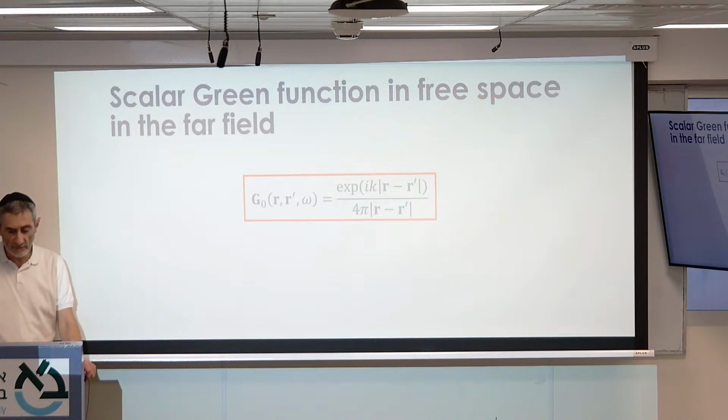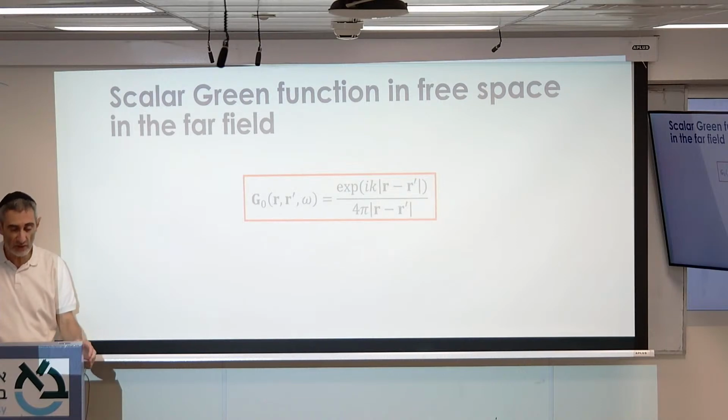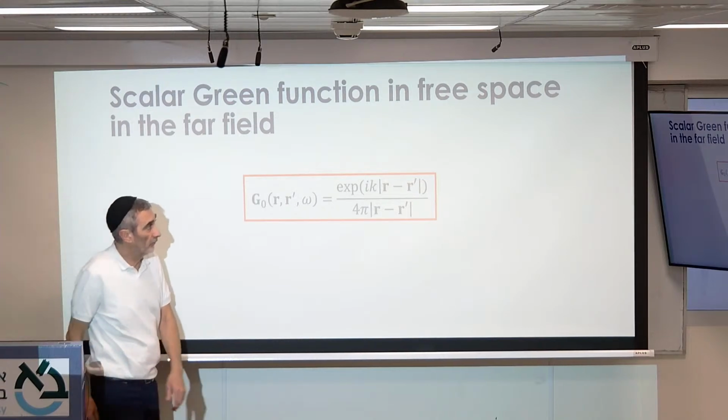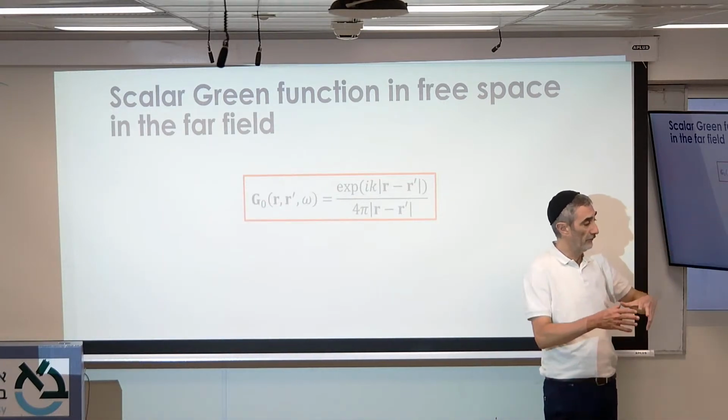So in the far field, in the simplest case, you can take only the first term in the expansion. The simplest expression for the green function is given by the scalar green function in free space in the far field. Again, you see that this is a spherical wave.